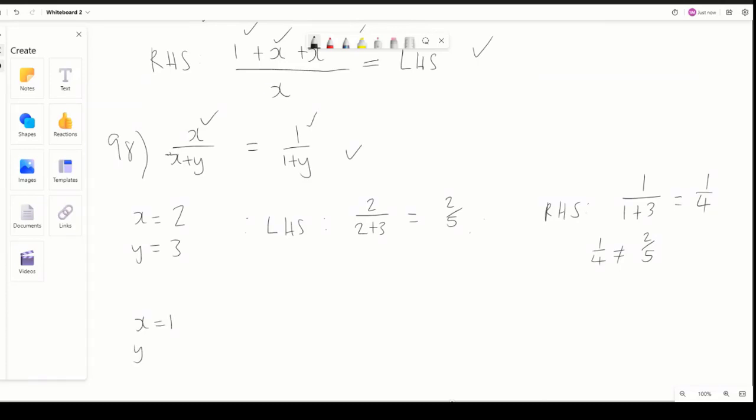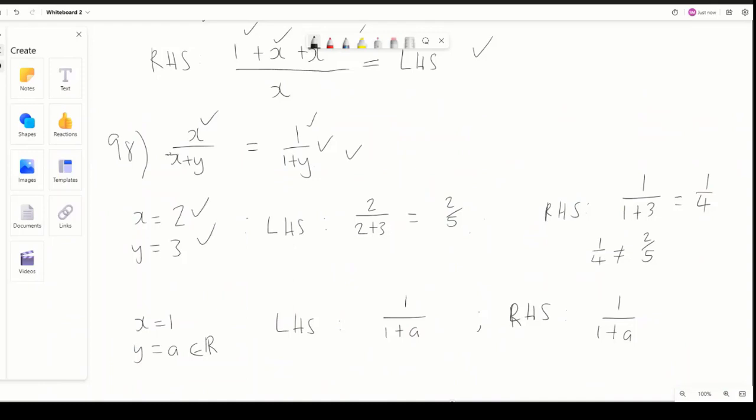Let y be some real number a. Then the left-hand side will be equal to 1 over 1 plus a. On the right-hand side, we'll have 1 over 1 plus a. So in that case, it's correct, but it's not true for all values of x and y, as I've just shown here.